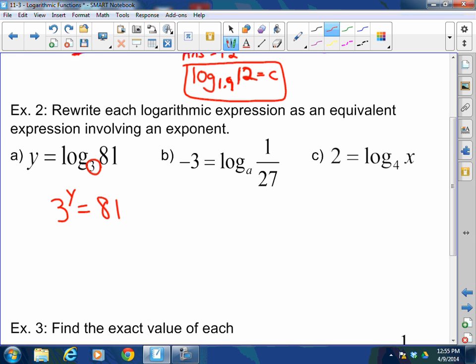Now, I'm going a little ahead of myself, but using the skill that we already learned about exponential equations, how can I solve for y here? Very good. This is 3 to the y equals 3 to the 4th power, right? Same bases. What happens when you have the same bases? And then y equals 4.